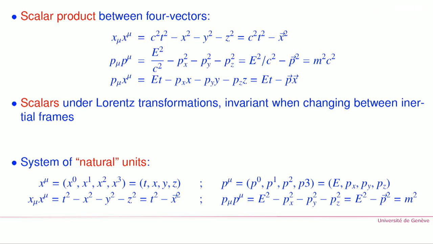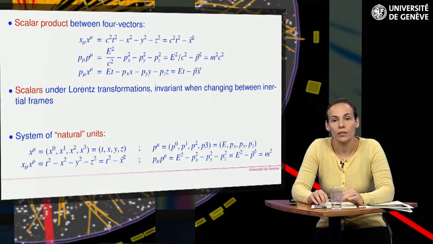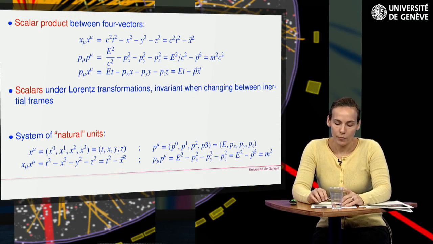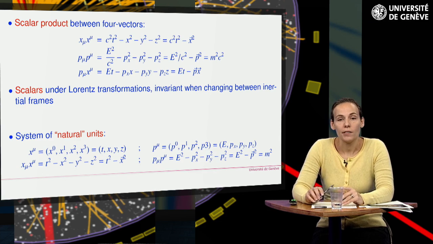The third example is the scalar product between the space-time and the energy-momentum four-vector, which shows up in the wave function of particles. The scalar products between four-vectors are all indeed scalars under Lorentz transformations, so are invariant when one changes from one inertial frame to another.